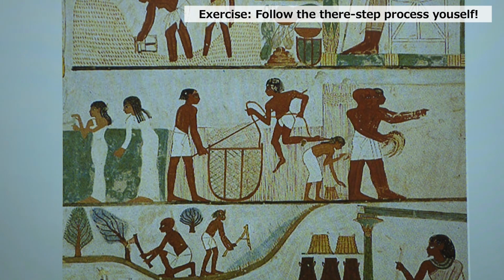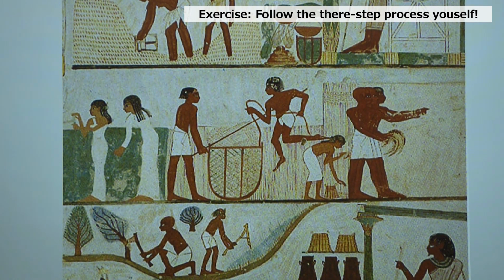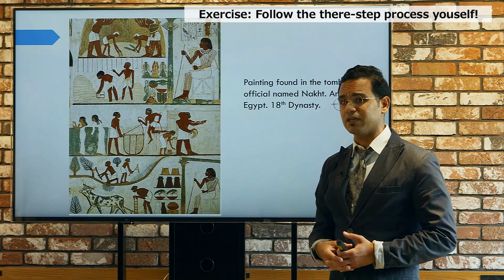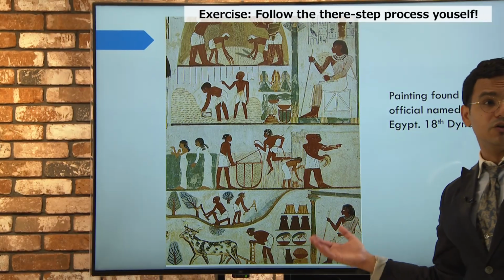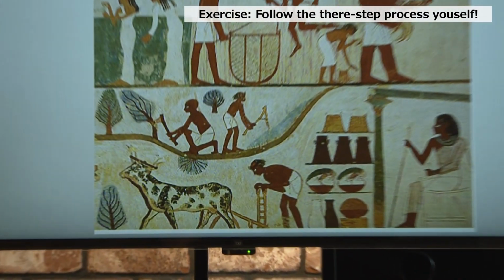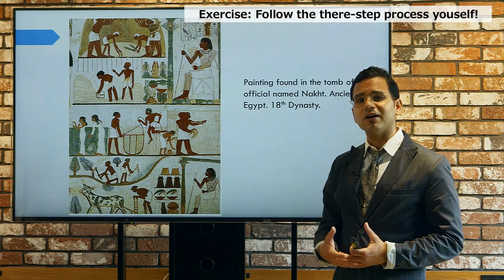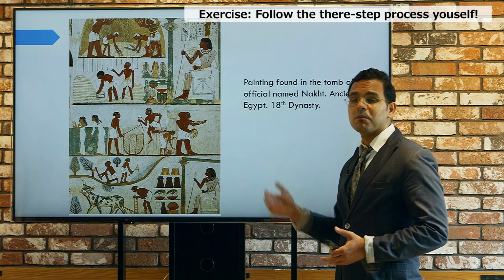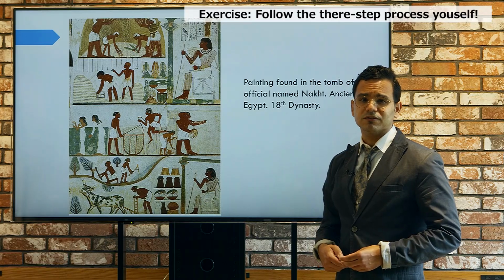And the women are not doing the same job as the men. This brings us new questions. What was the role of women in Egyptian society? We also see the animals that are useful for the Egyptians for various tasks. So we can learn a lot about Egyptian civilization just from describing and analyzing this visual source.